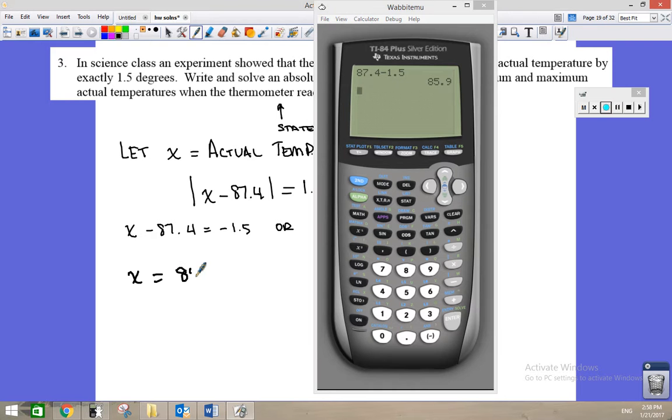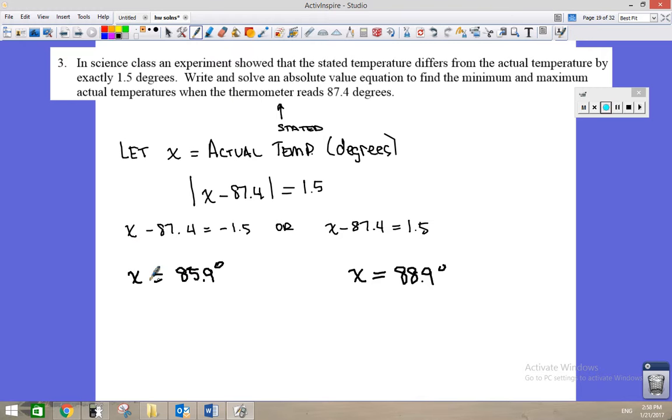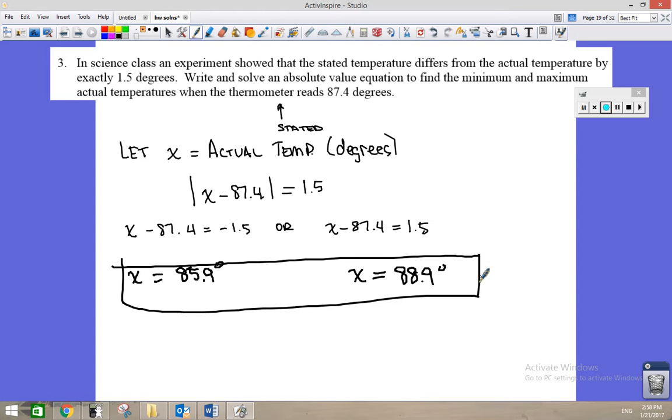So I'm getting 85.9, and that's in degrees, or I'm getting 88.9 degrees. So there's my two answers. And like I say, I'm now interpreting this. It says that it wanted the min and max actual temperature.